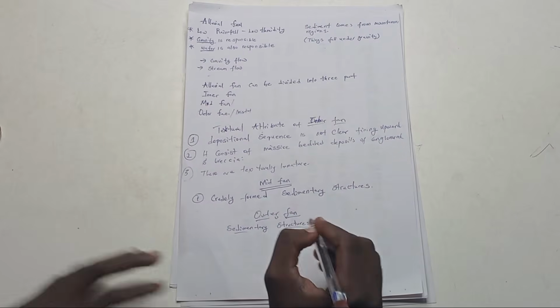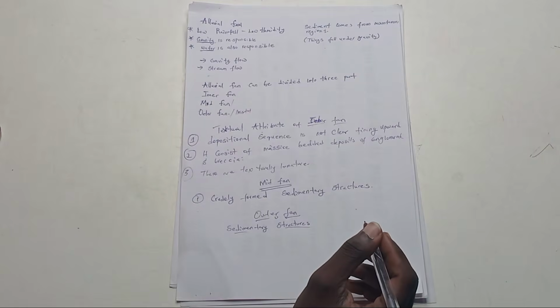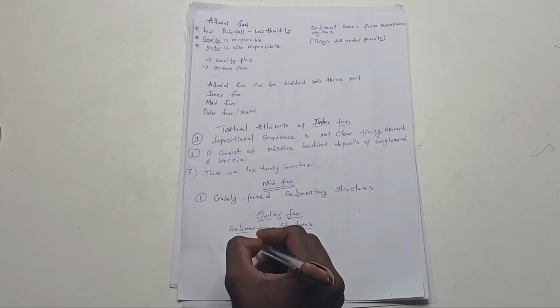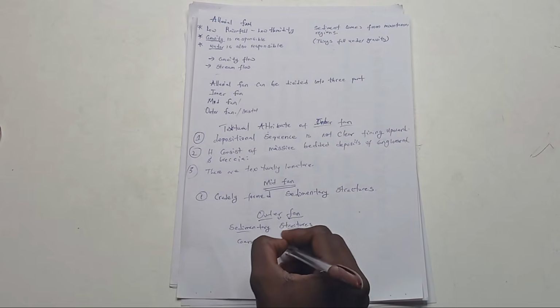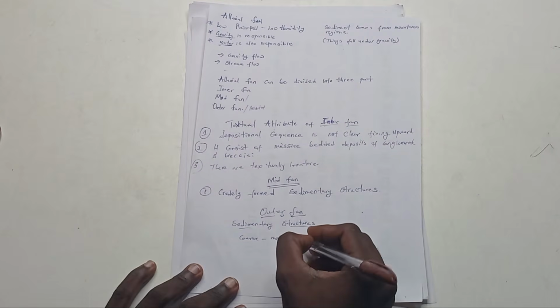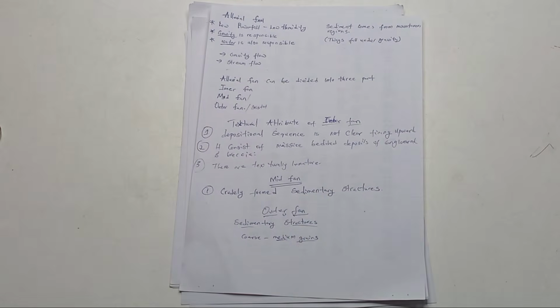We have coarse to medium grains, kind of sediment in it. So I've said, this sums up the textural attributes of the inner fan, the mid fan, and the outer fan.